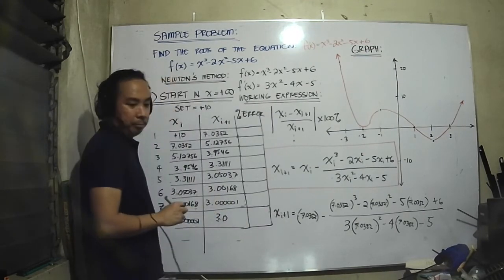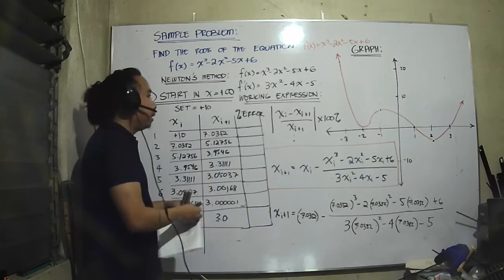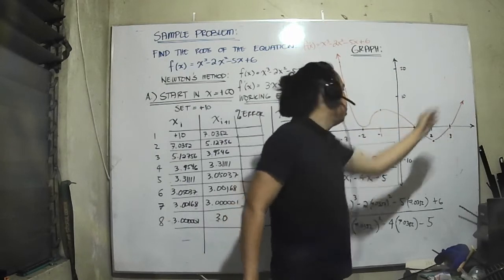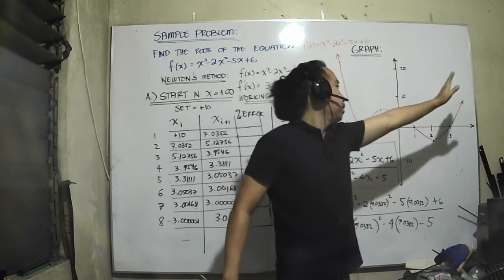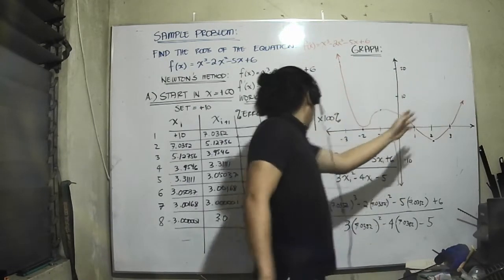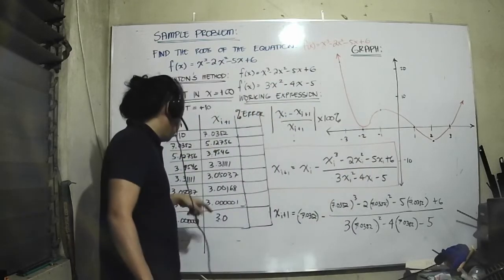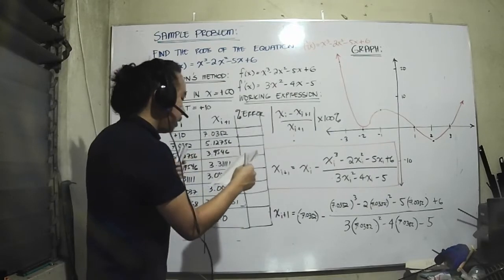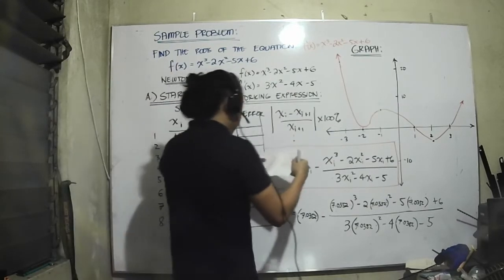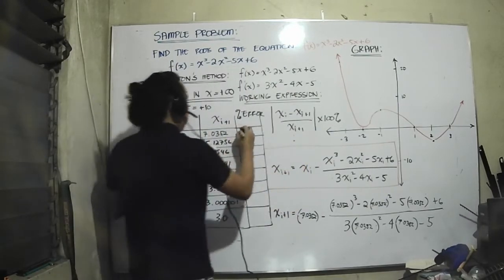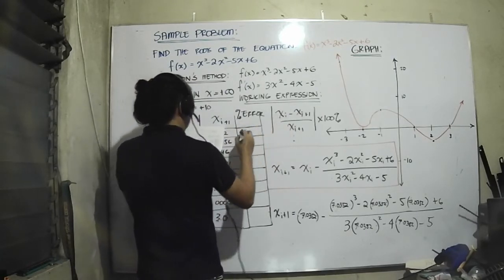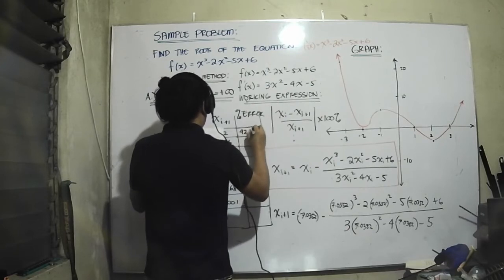Okay? It converged. We started with 10, the far right. It slowly converged until it reached 3. Now for the percentage errors, we use the same procedure as before. First iteration, 42.142.